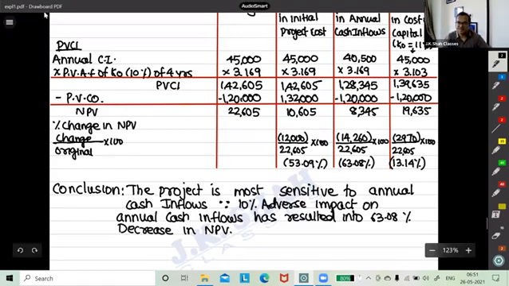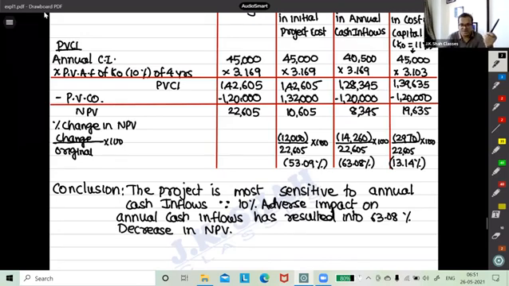Okay guys, let's talk about the next method. Till now, what things have you done? First one was risk adjusted discount rate.